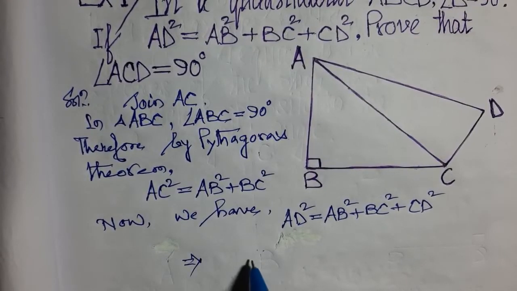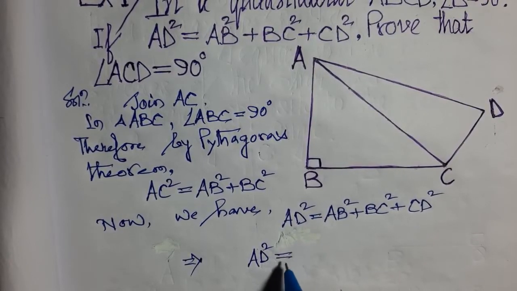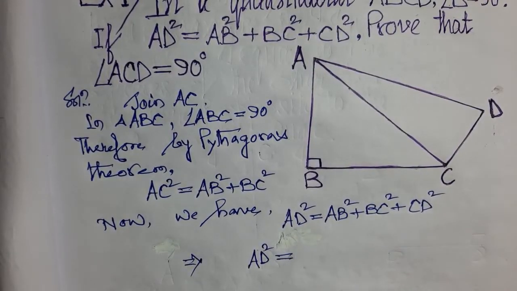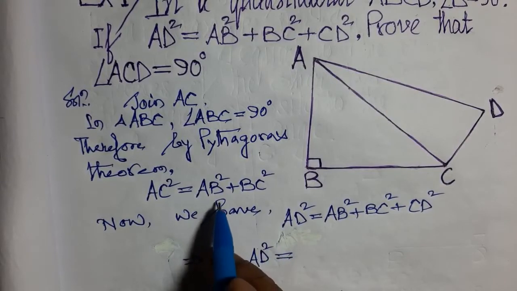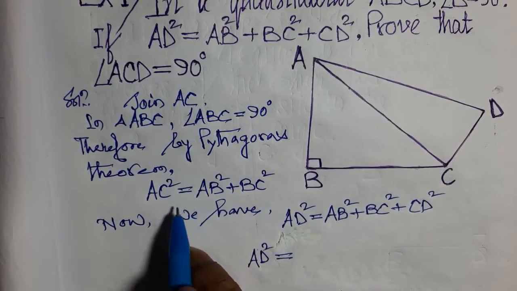This implies AD square is equal to AB square plus BC square, which is equal to AC square.